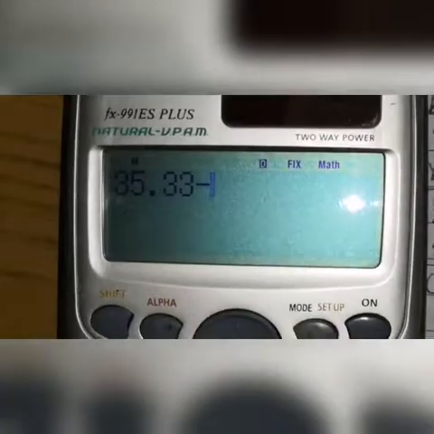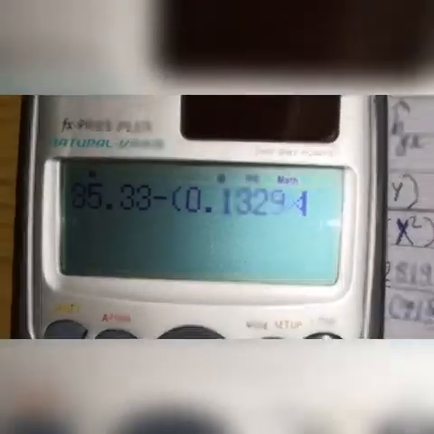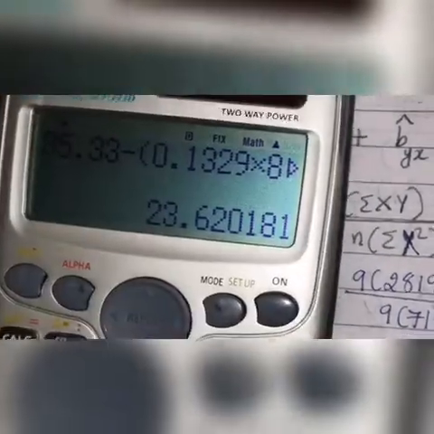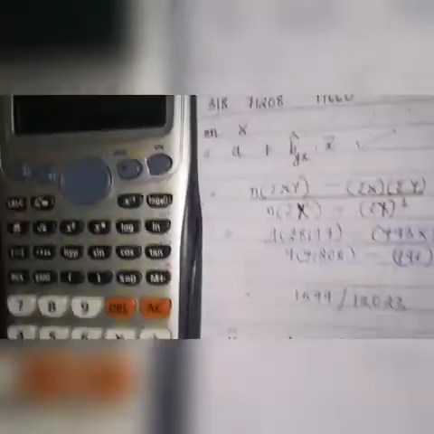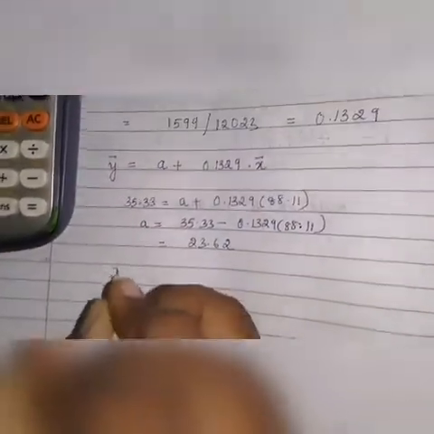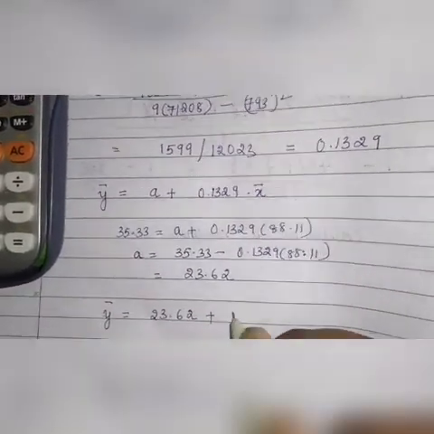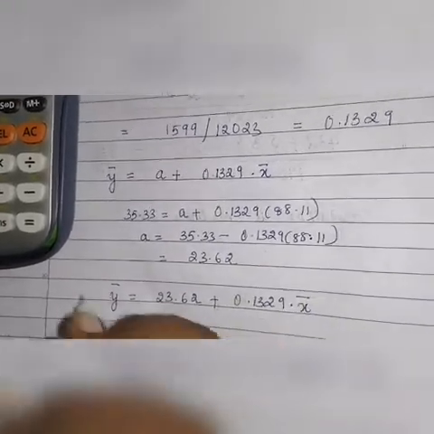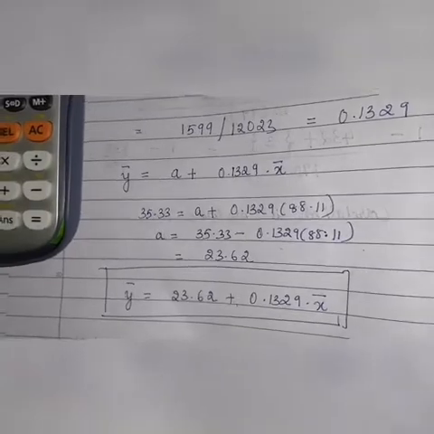The value is 23.62. Okay, now just substitute here. Y bar is equal to 23.62 plus 0.1329 into x bar. So this is the equation of the line we have found.